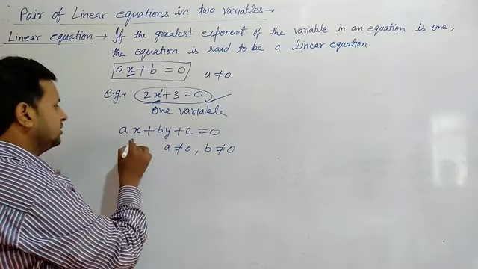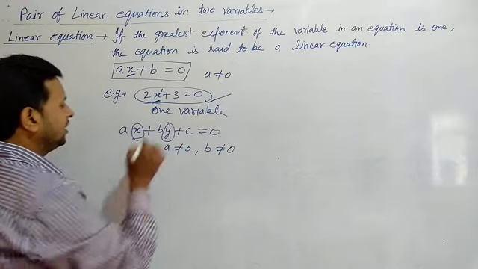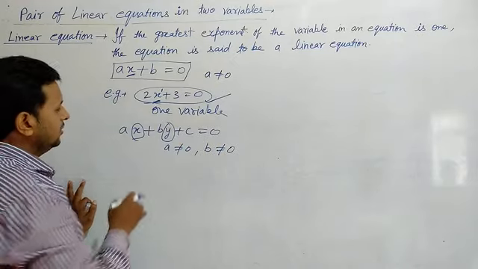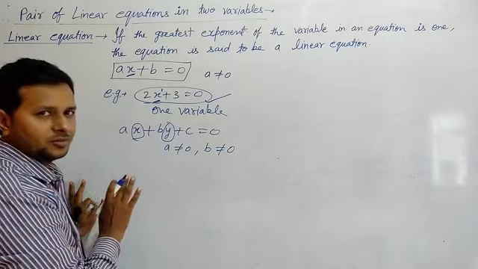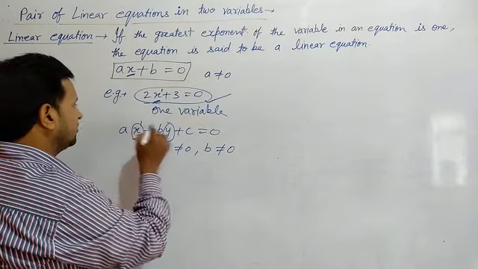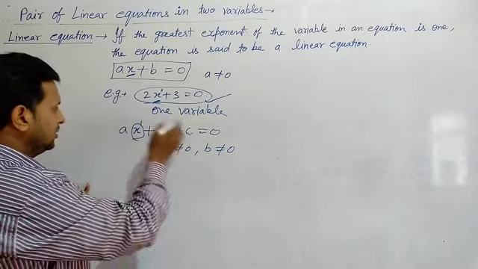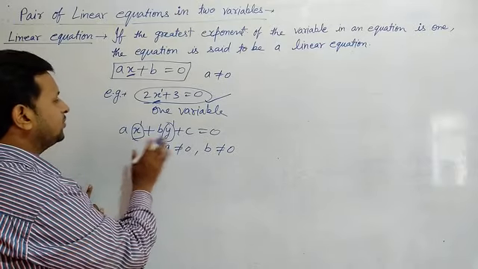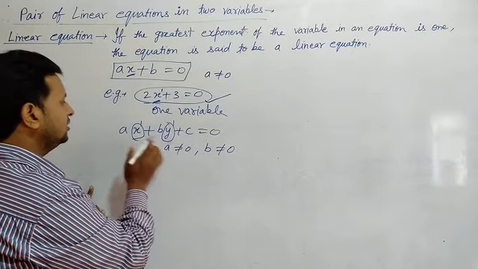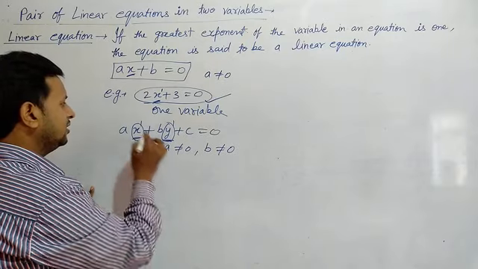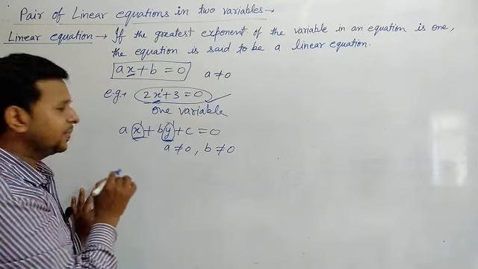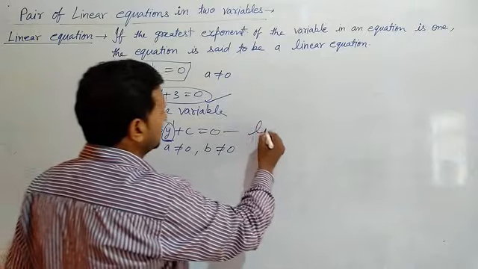It means there are two variables given here, x and y. But it is also a linear equation. Why? Because its power is 1. In this equation, the highest exponent of the variables is 1, so it is also a linear equation.